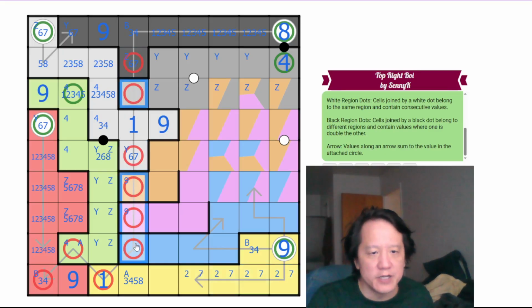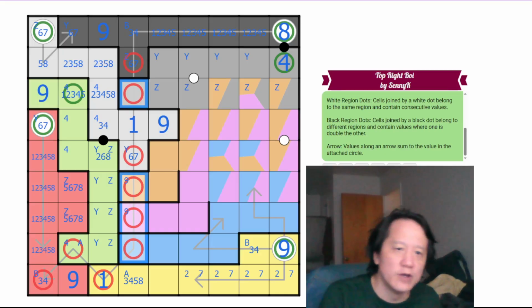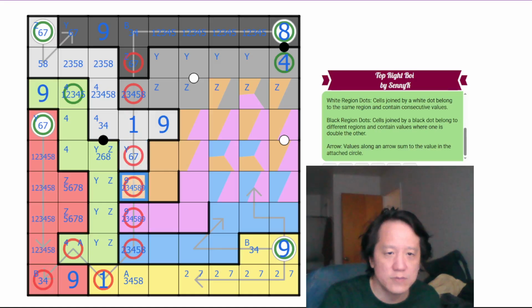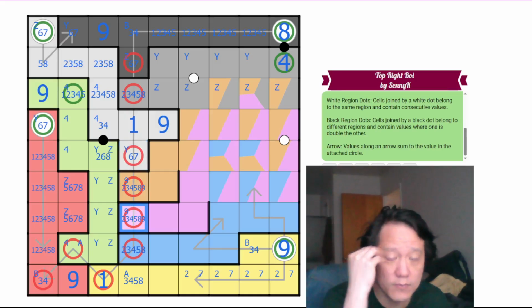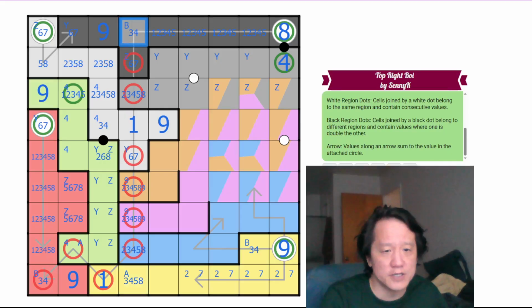Let's just do remaining digits in column 4. We have 2, 3, 4, 5, 8, and 9. Obviously, these can't be 9 because of 9s in the rows. So this has to be 3, 4, 5, or 8.